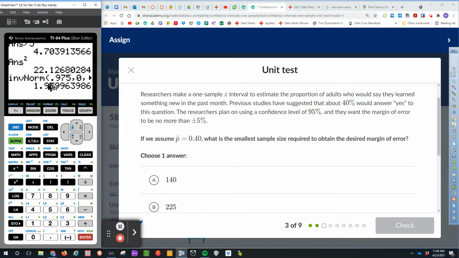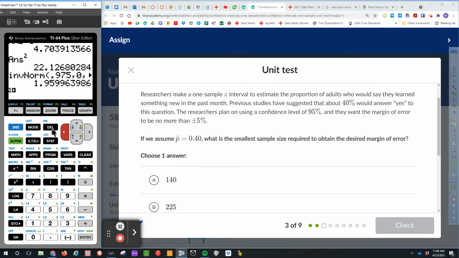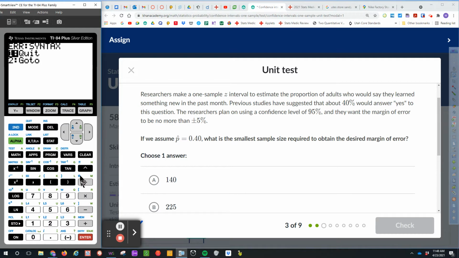I need to first and foremost square that number. Second vars, number 3, I need to pick out my Z star.